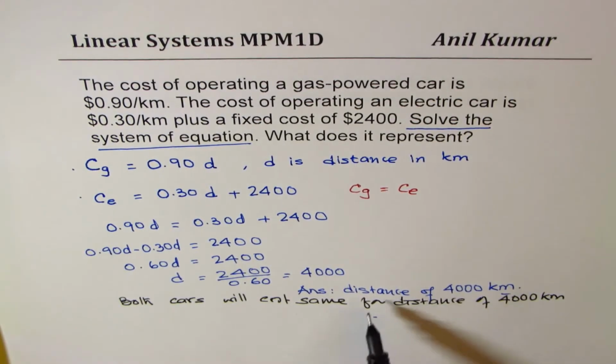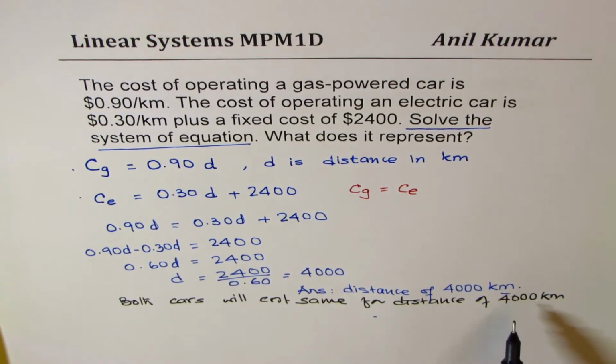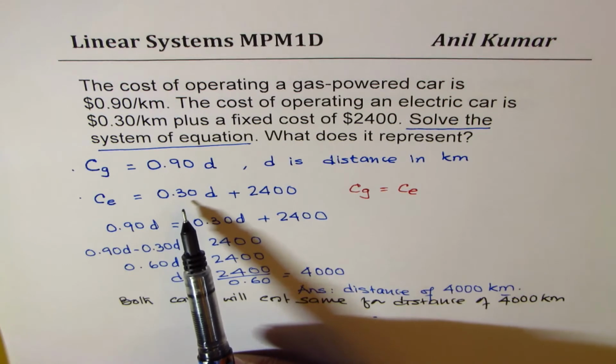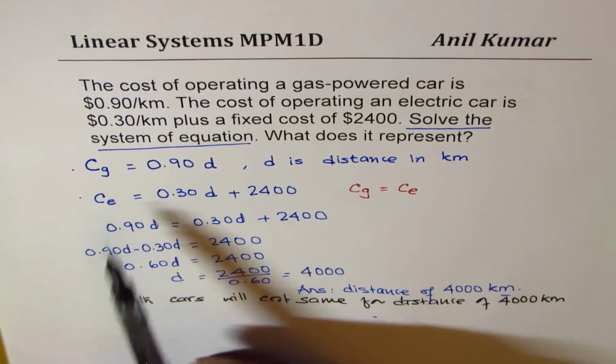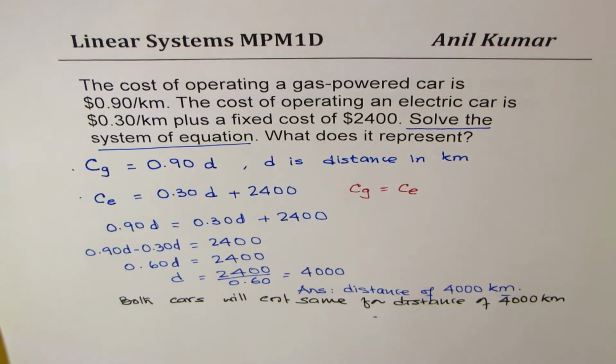Now, if you travel more than 4,000 kilometers, in that case, which will be a better deal? Of course, the one which has lesser rate with distance, right? So electric car will be better if you use it for more than 4,000 kilometers.